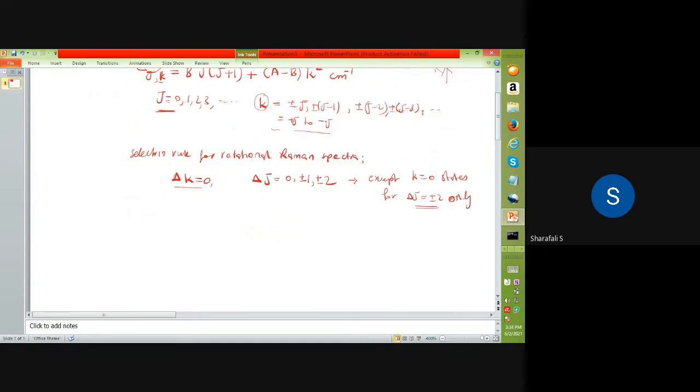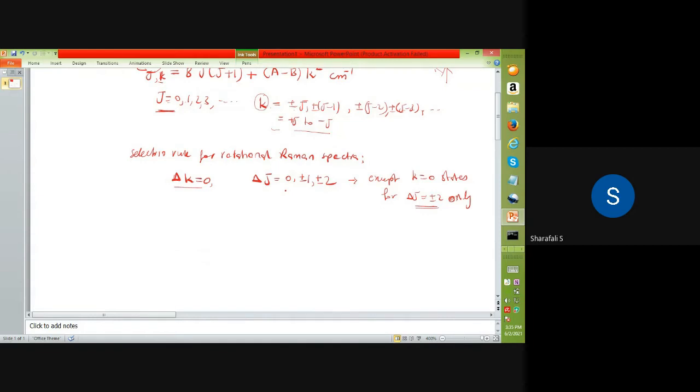So in that case, if you are considering delta J equal to plus or minus 1, that will not be valid. When you are considering the J equal to 0 state, then you have to treat that case with delta J equal to plus or minus 2. Which means that when you have that ground state J equal to 0, you have to consider the selection rule as delta J equal to plus or minus 2 only.